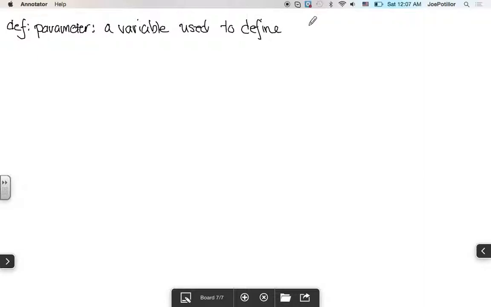To define a parameter: a parameter is a variable used to define another variable.